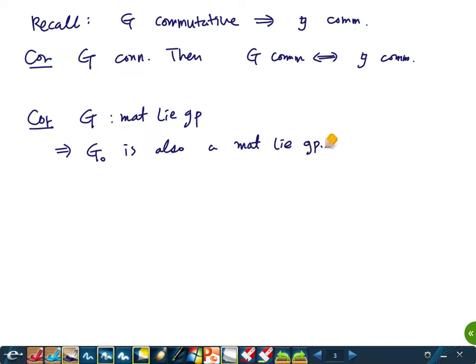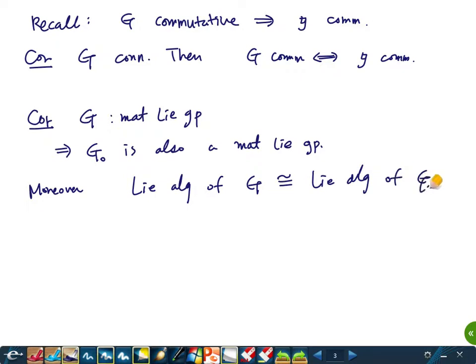So because it's a matrix Lie group, we can talk about the corresponding Lie algebra, and it's the same as the Lie algebra of G. The Lie algebra of G and the Lie algebra of the identity component are the same.